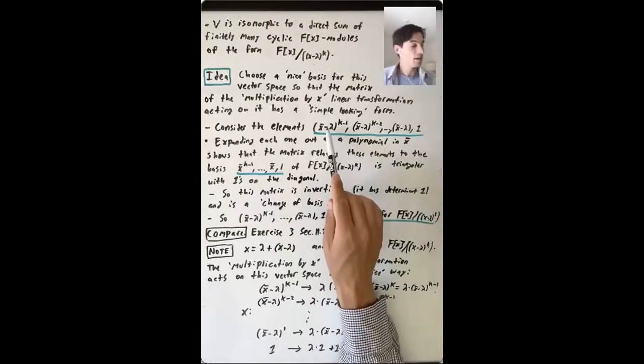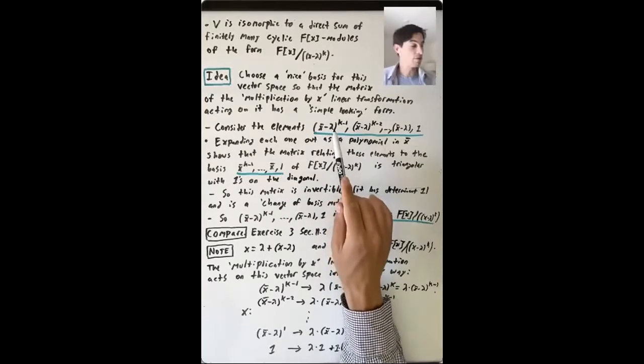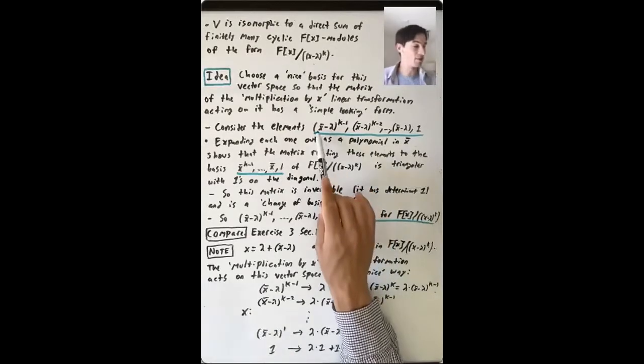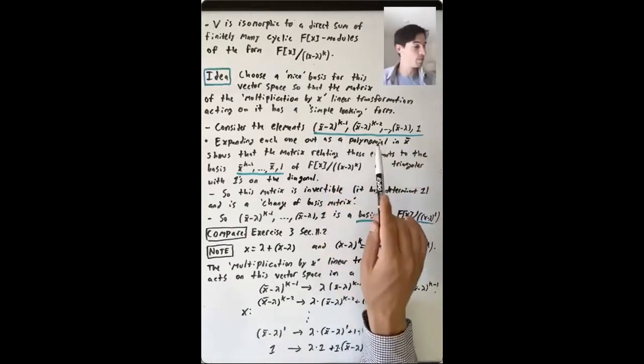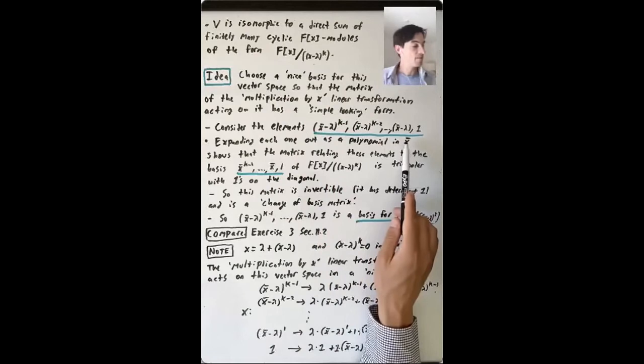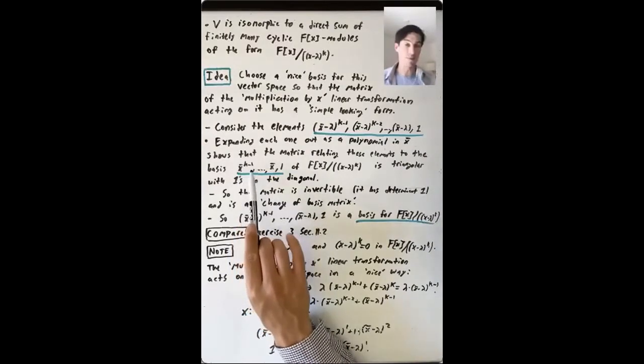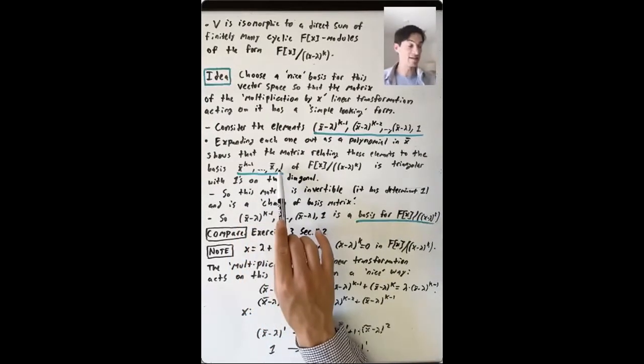If you take, say, the first one and expand everything out in terms of powers of this x̄, then you can write that as an F-linear combination of the elements x^(k−1), x^(k−2), up to x and 1.